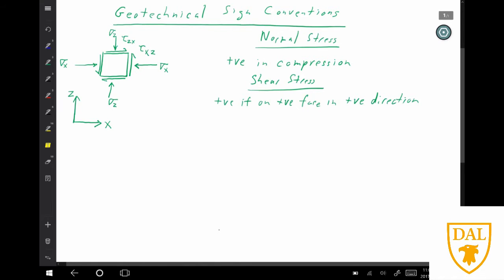And on the opposite side, these two are a couple and have the same positive sense. It's on the negative face in the negative direction.